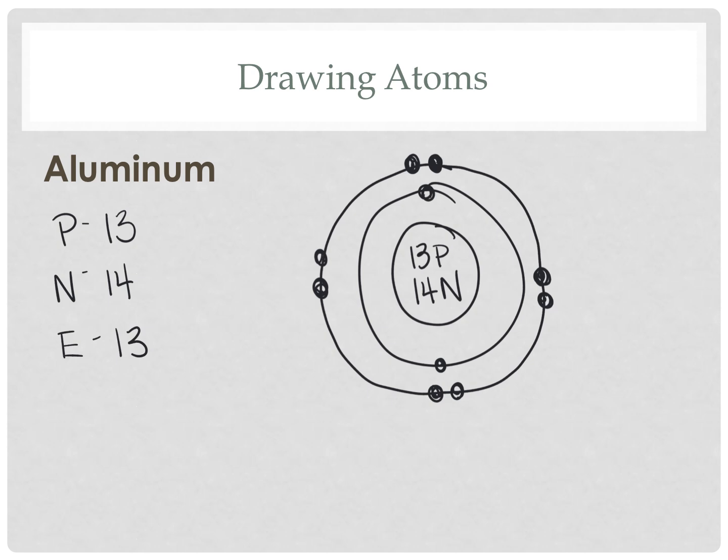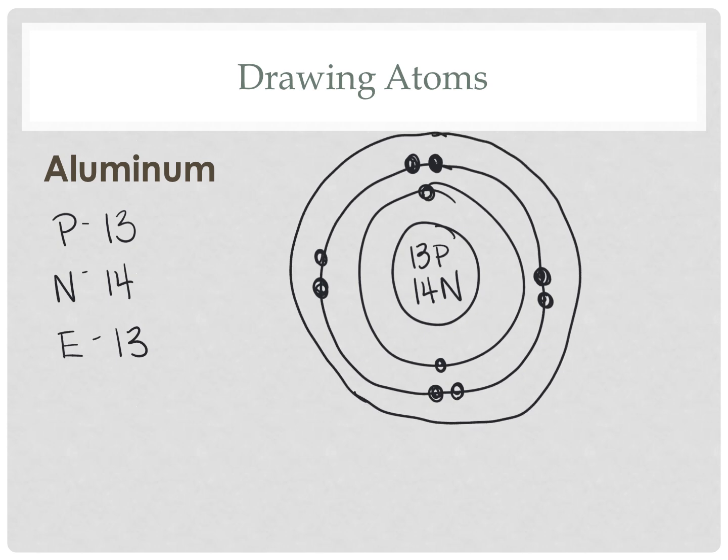So now, how many total electrons have we drawn? 10. So how many more do we have to draw? Okay, 3. That shell's full, so you have to draw another shell. And again, I really hope your circles are better than mine. So how many are going to go on this shell? 3, and I'm going to keep that 12, 3, 6 o'clock.